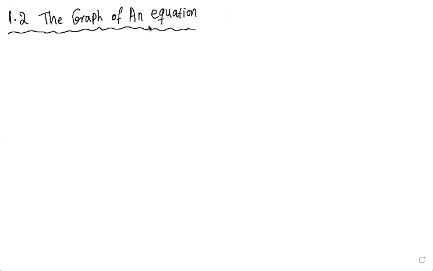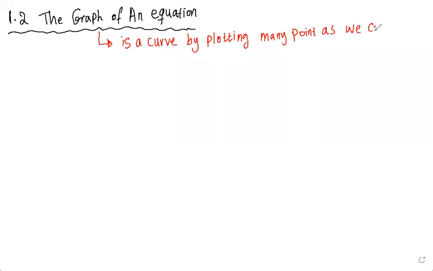The graph of an equation is a curve, made by plotting as many points as we can, then we connect them by a smooth curve.